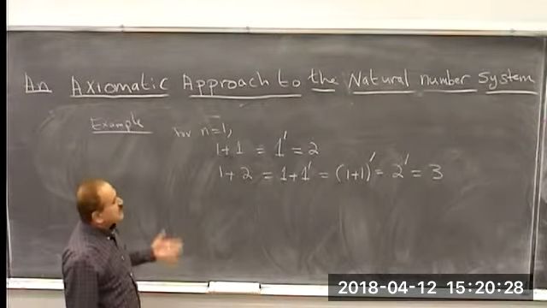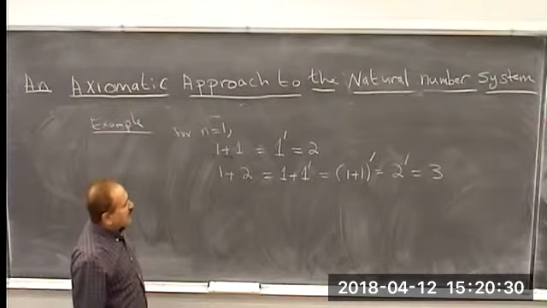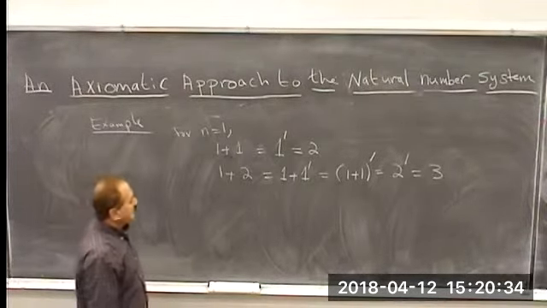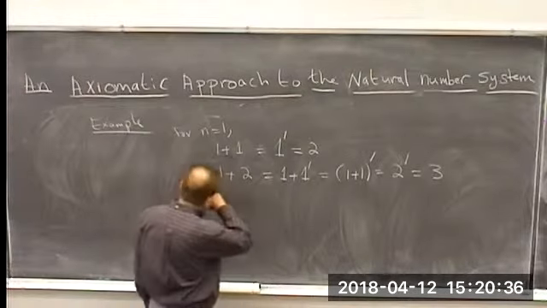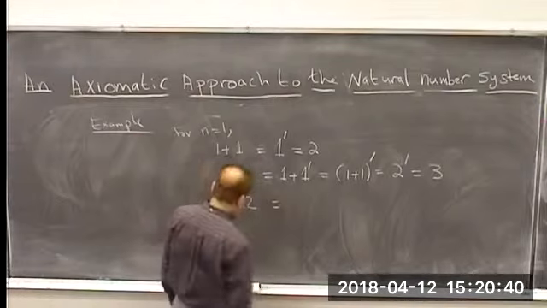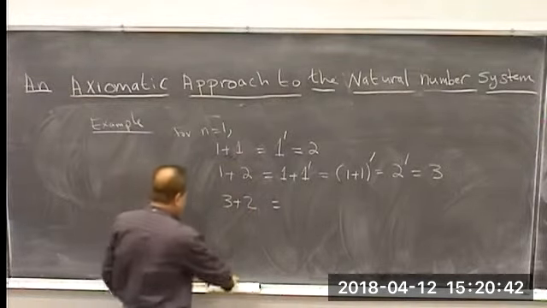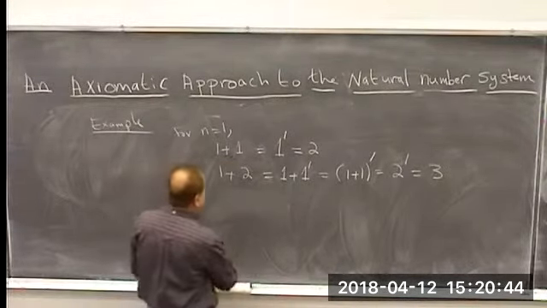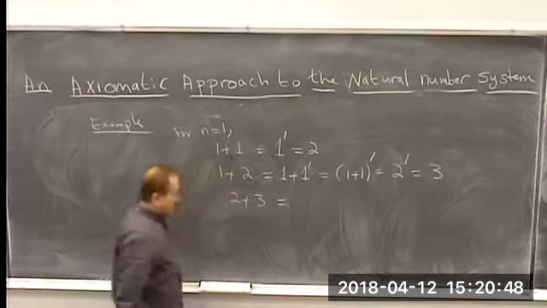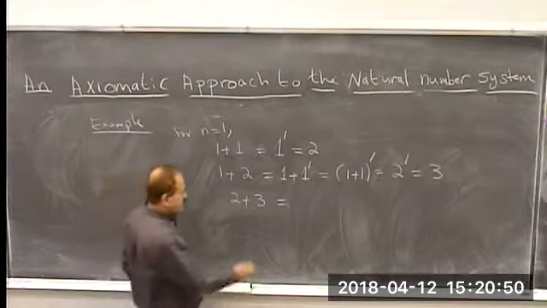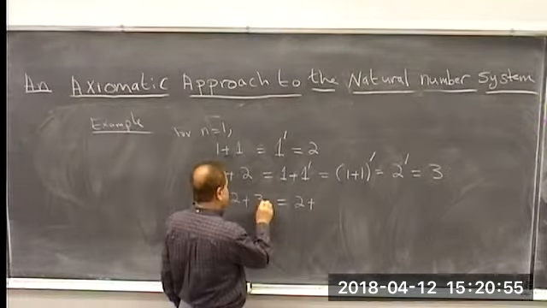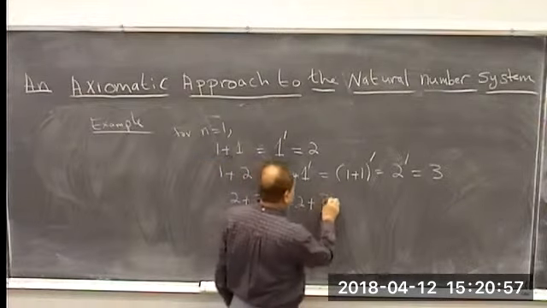So now let's assume we want to add 2 and 3, because we already kind of have these in here. Let me do 2 plus 3. So this is equal to 2 plus, we're going to recognize 3 as a successor, the successor of 2.